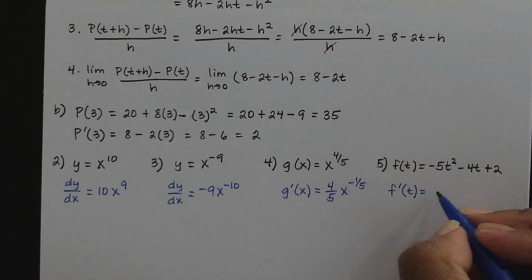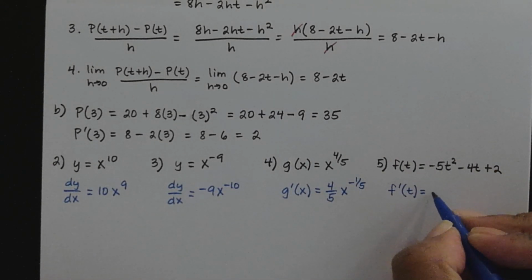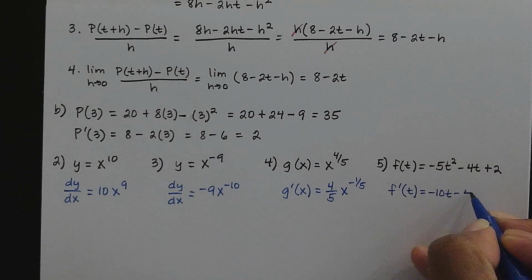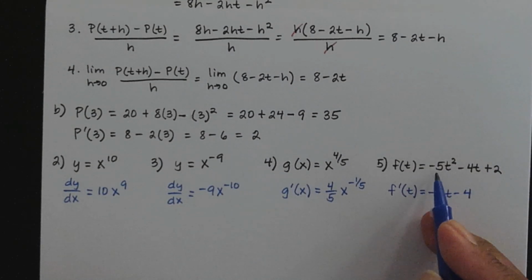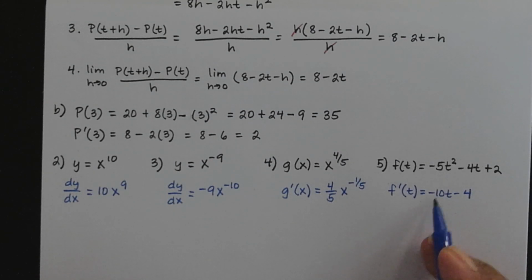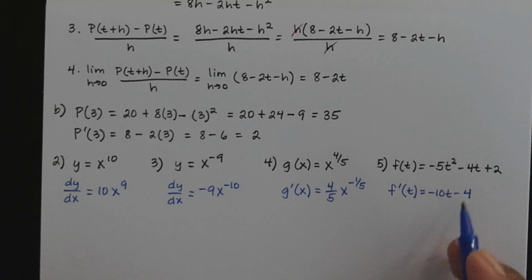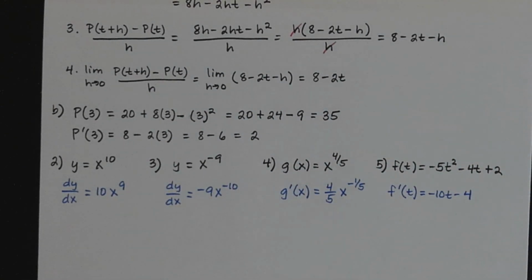So what would this be? Negative 10t minus 4. Bring this 2 down, multiply by the negative 5, you get negative 10. Copy the t over to the 1 less power, so it'll be t to the 1 or just t. Derivative of minus 4t would just be minus 4. And the derivative of 2, which is a constant, is 0.